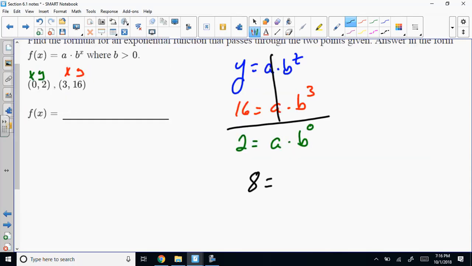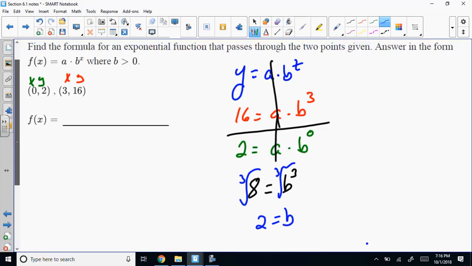What is 3 minus 0? 3, right? So 8 equals b cubed. Some base cubed. How do you get rid of something cubed? You take the cube root, and b equals what? 2.